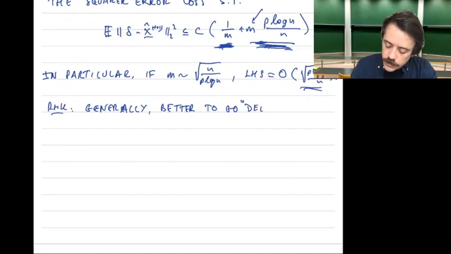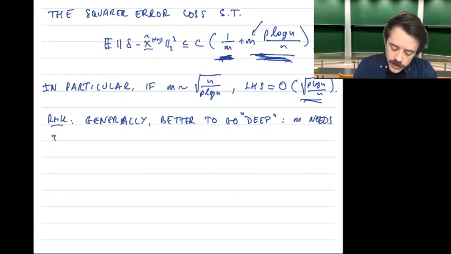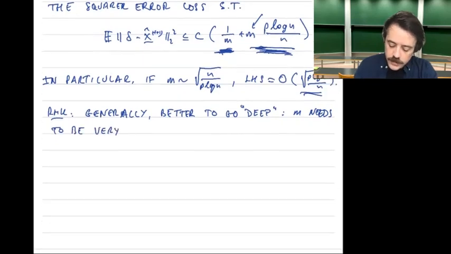Okay, so now we go into a bit more modern terminologies. So better to go deep. What do I mean by this? M needs to be very large if we wish to attain some accuracy.